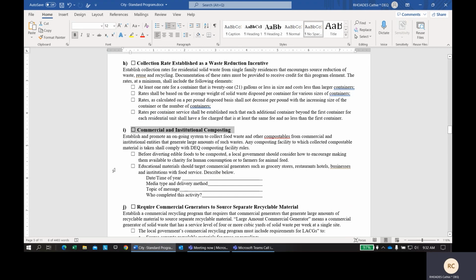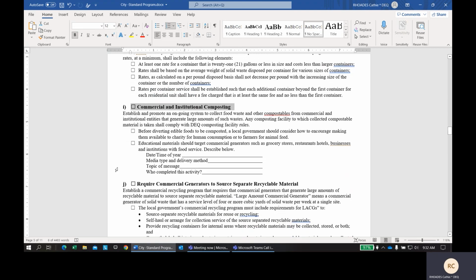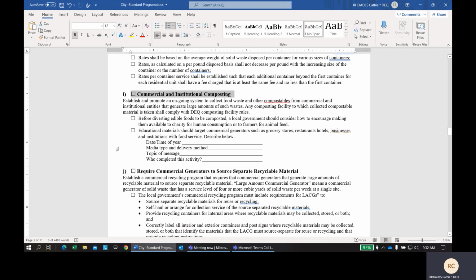Moving on to I, which is commercial composting. If you choose this, you must establish and promote an ongoing system to collect food waste and other compostables from commercial and institutional entities that generate large amounts of waste. This would require that, before diverting edible food to be composted, a local government should consider how to encourage making that food available to charity for human consumption or for farmers.